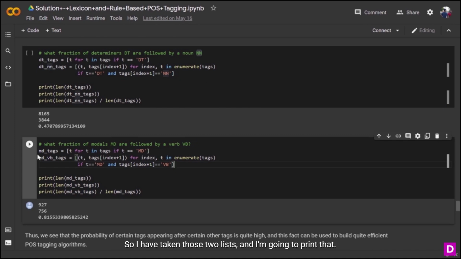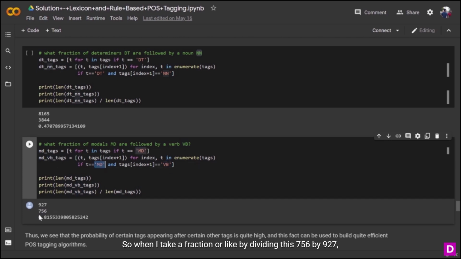So I have taken those two lists and I am going to print them. You could clearly see that there are 972 words which are tagged with verb, and out of that 756 words are where a verb is preceded by a modal verb.